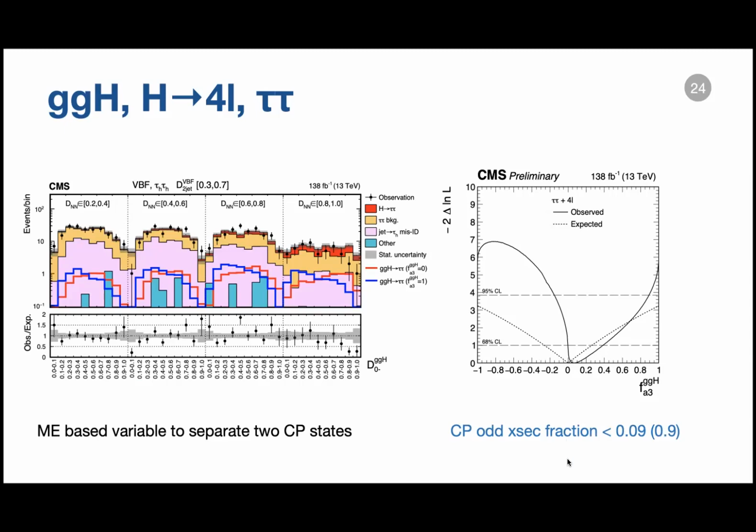The CP odd fraction is constrained to be less than 9% on the negative side and 90% on the positive side. So here it's a little bit asymmetric. This is because the variable that is sensitive to the sign of the mixture shows some kind of a preference. Of course, the SM is still very consistent with the observation.